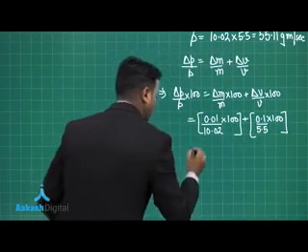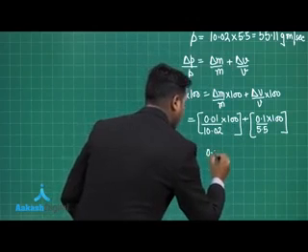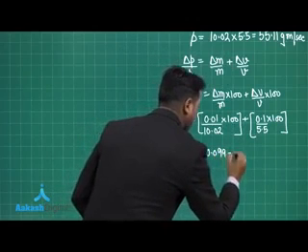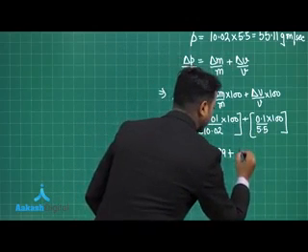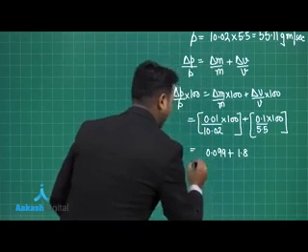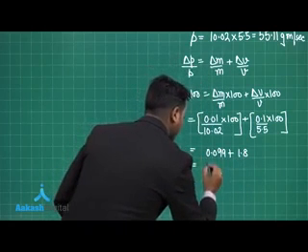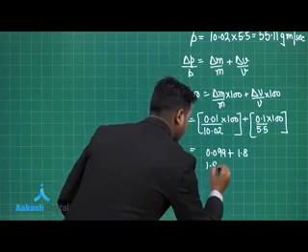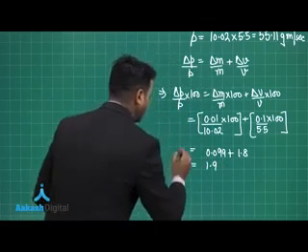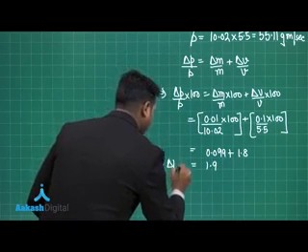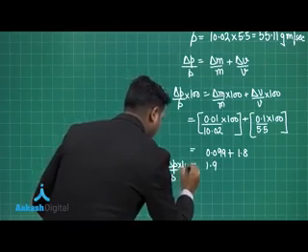If I solve it, this will come out to be 0.099, plus 1.8, and if I solve it, this number would approximately be 1.9. So this is coming out to be delta P by P into 100.